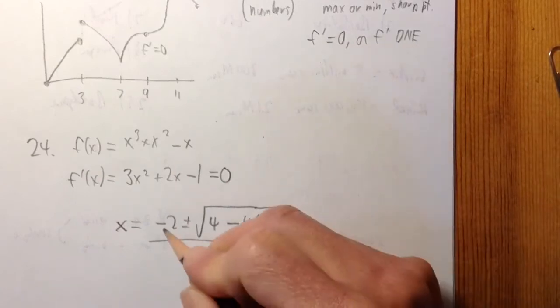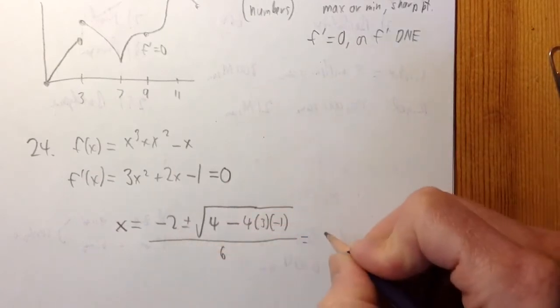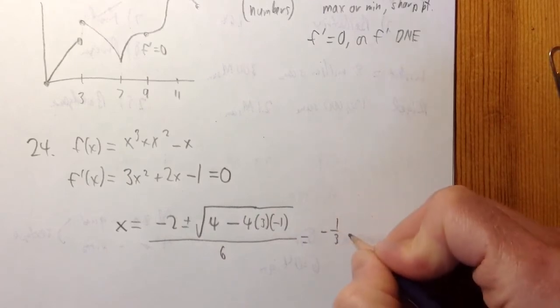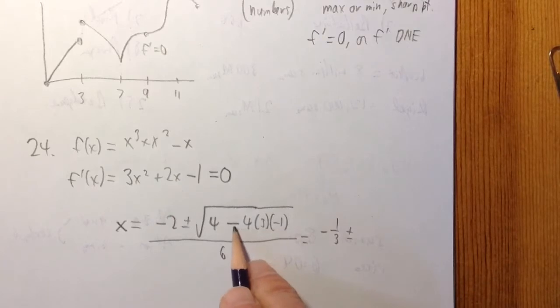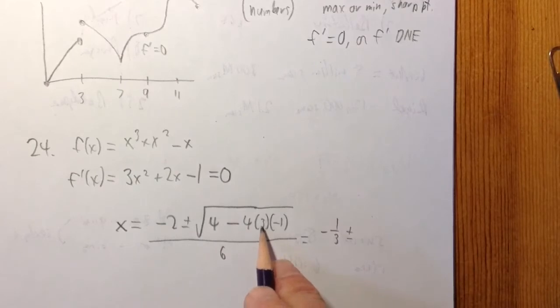So that's negative 2/6, or negative 1/3, plus or minus the square root of 4 plus 12, oh, that's nice, which is 16, and the square root of 16 is 4.